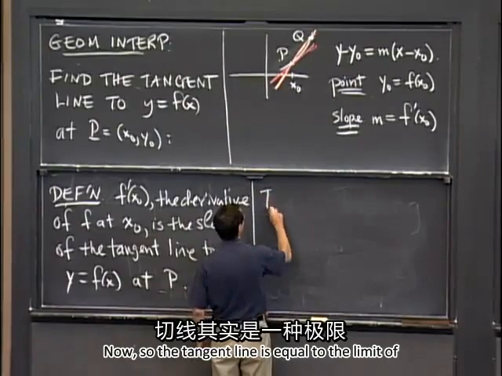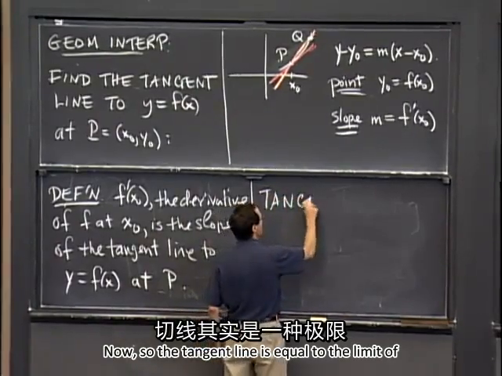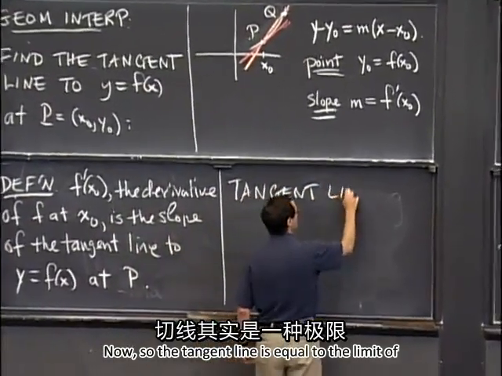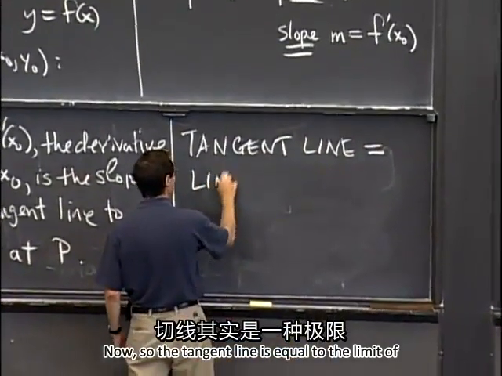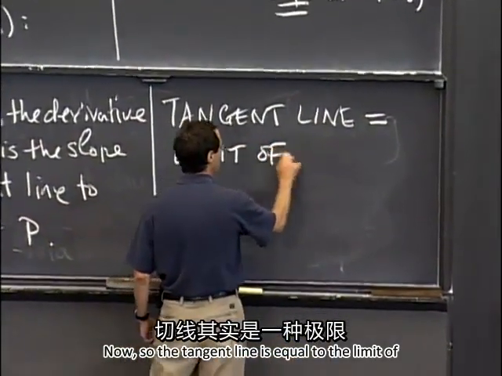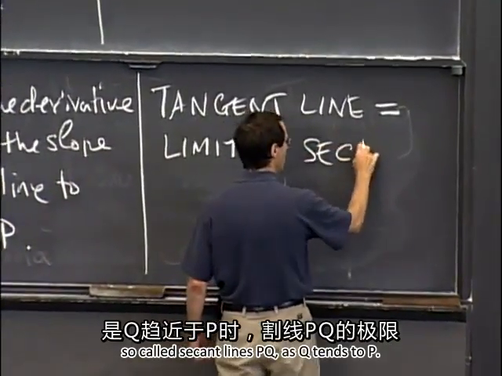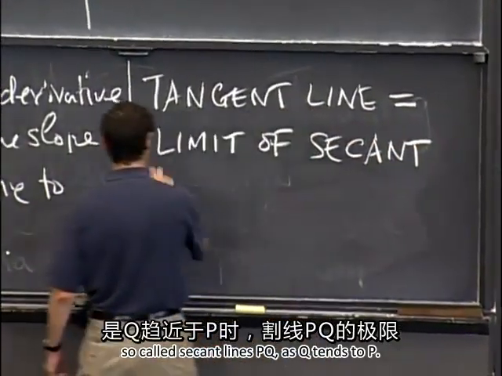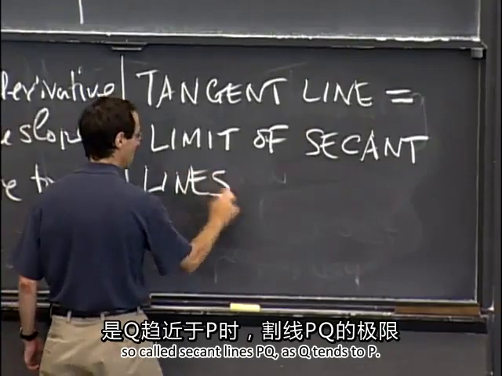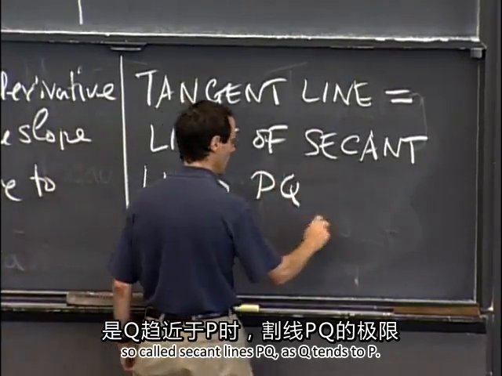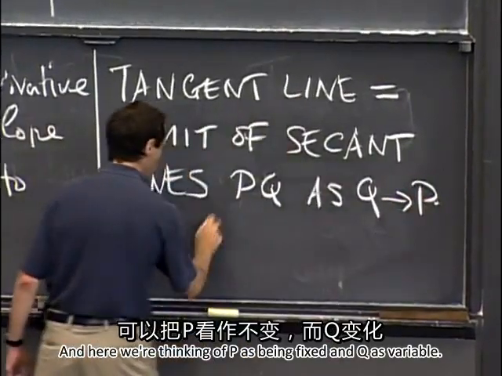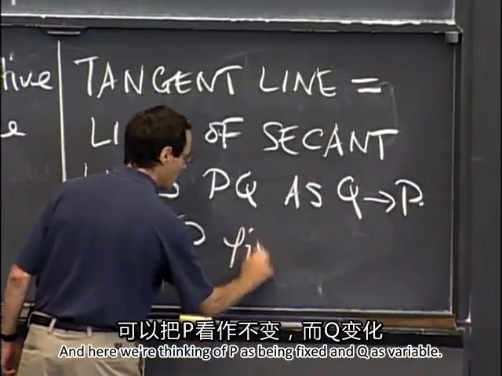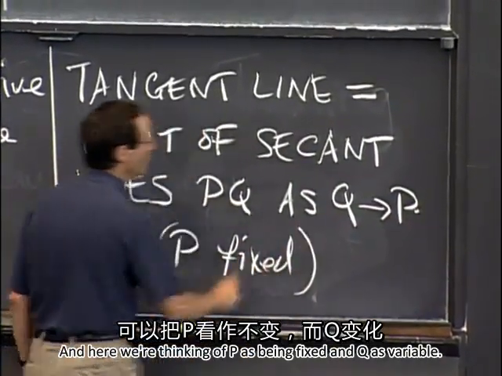So the tangent line is equal to the limit of so-called secant lines, PQ, as Q tends to P. And here we're thinking of P as being fixed and Q as varying.